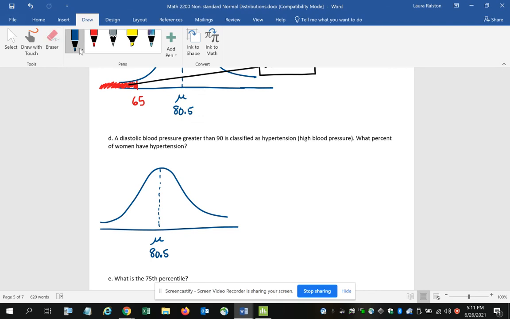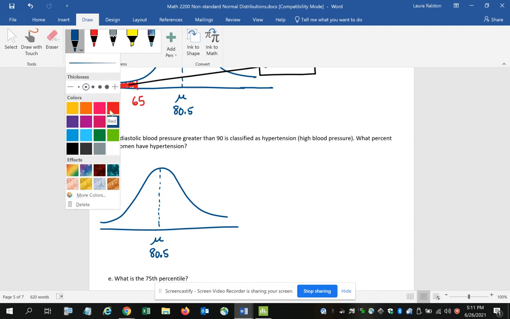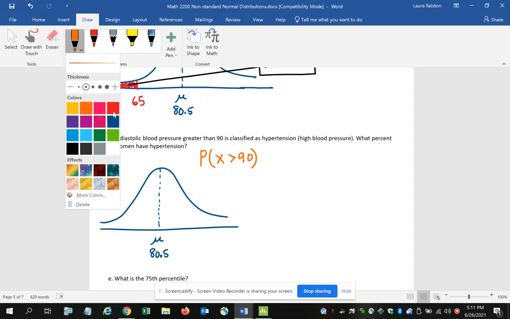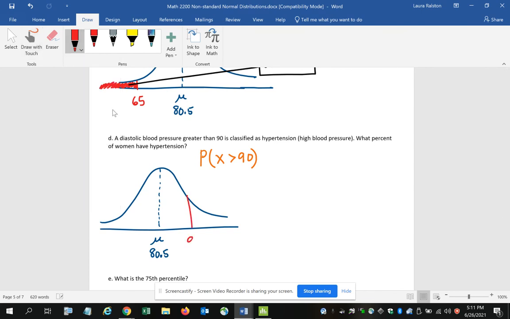And we want to know the probability that a woman has a diastolic blood pressure greater than 90, which would mean she has high blood pressure. So 90 would be to the right, and to be greater than that, you would be to the right. So this is a right tail test.